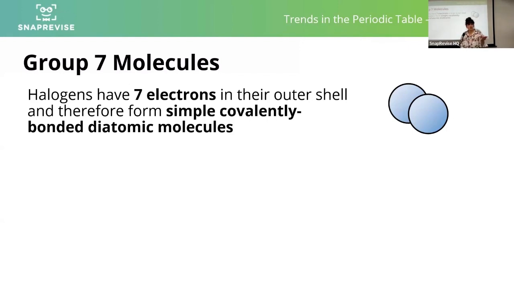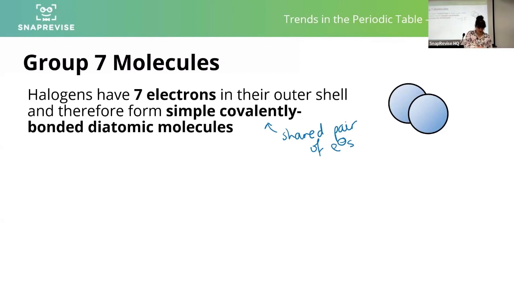Atoms of halogens can form diatomic molecules with other atoms of halogens. This bond between the two, the sharing of a pair of electrons, is what forms our covalent bond. So I'm just going to pop that in. There is a shared pair of electrons. That's not the full definition of a covalent bond, that's just a quick definition.